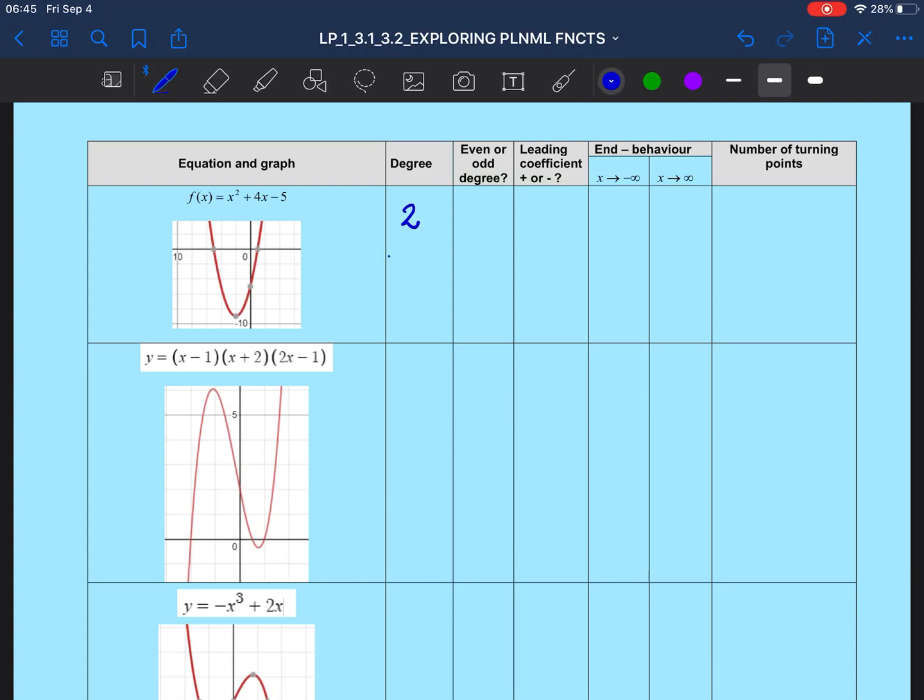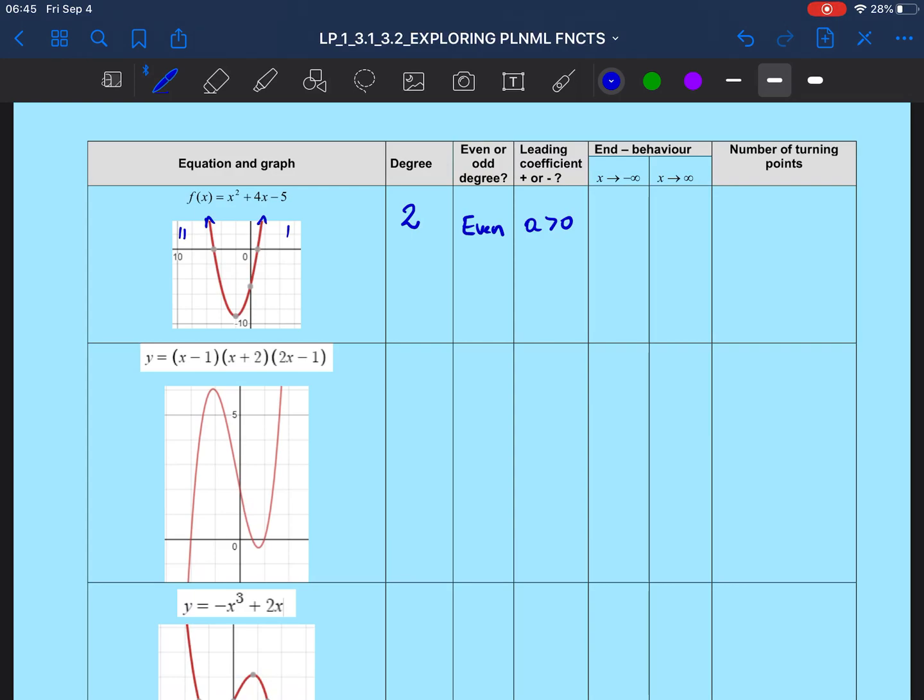So we're going to say that the degree is 2, which makes this an even degree function. And the leading coefficient in here is positive. The end behavior goes from quadrant 2 to quadrant 1.